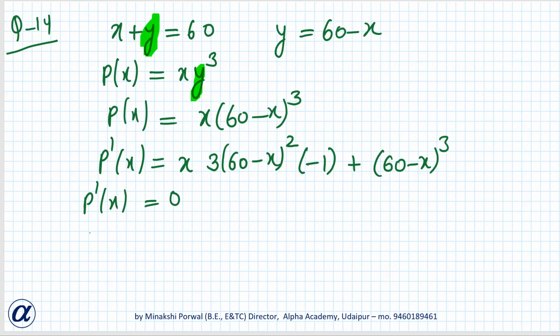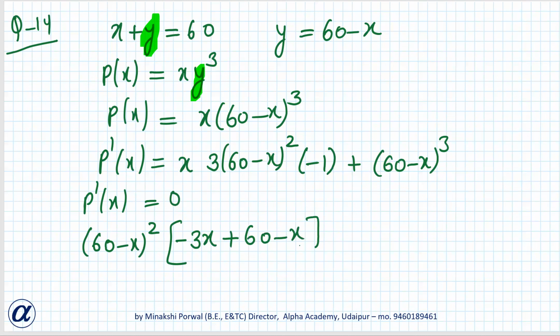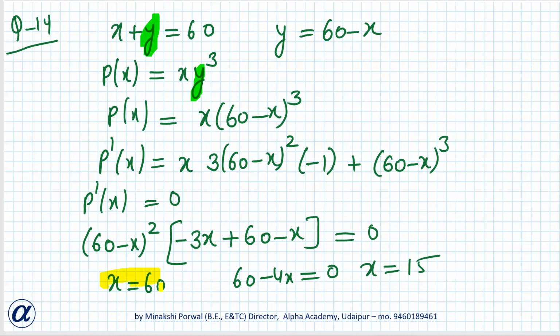So when we put it equal to 0, we can take (60 minus x) the whole square outside. It is minus of 3x plus 60 minus x equals 0. So one value of x will be 60 and for the other, 60 minus 4x equals 0, so x will be equal to 15. So two values are x equals 60 and x equals 15.